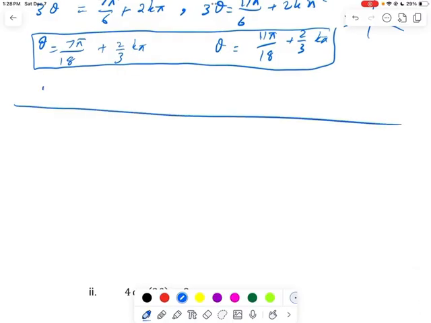So I can say k, and in the first place I will write here 7 pi over 18 plus 2 over 3 k pi, or 2k pi over 3.